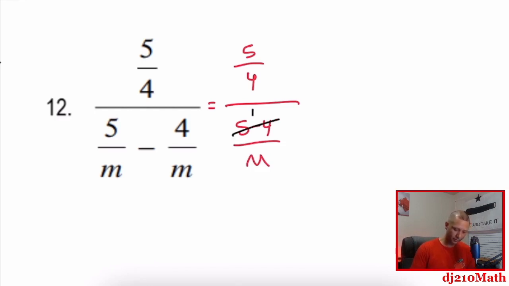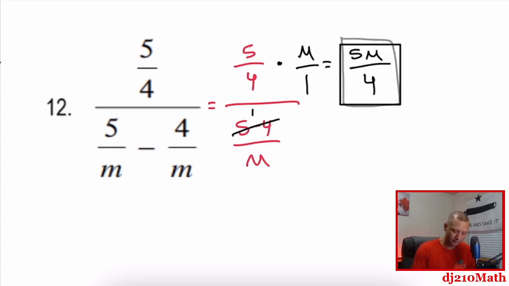That's a 1. So we're going to keep the top, change it to multiplication, flip the bottom. And this is going to be 5m over 4. That one looked complicated. That one's actually pretty nice. I'm sure I didn't miss anything on that one. The denominators match. Yeah, I like that one. That one's good.